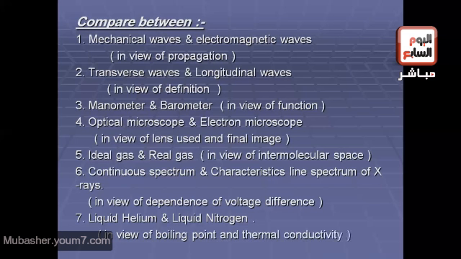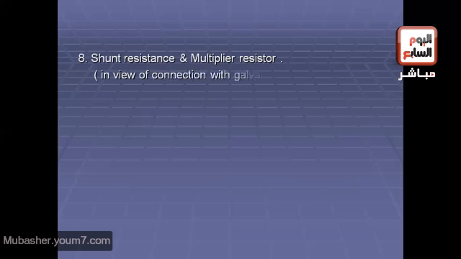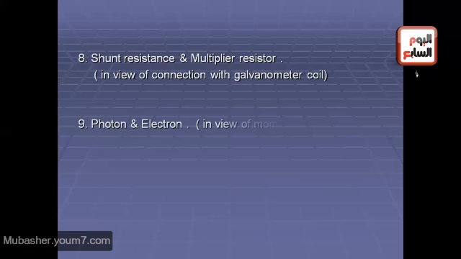Number 7, liquid helium and liquid nitrogen in view of boiling point and thermal conductivity. Number 8, shunt resistor and multiplier resistor in view of connection with the galvanometer coil. Number 9, photon and electron in view of momentum.